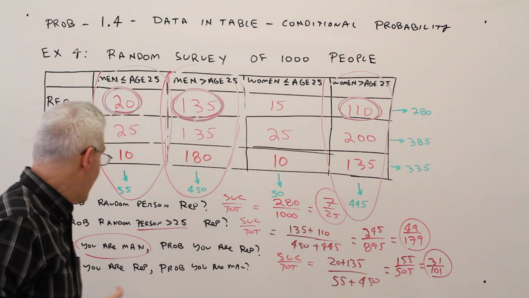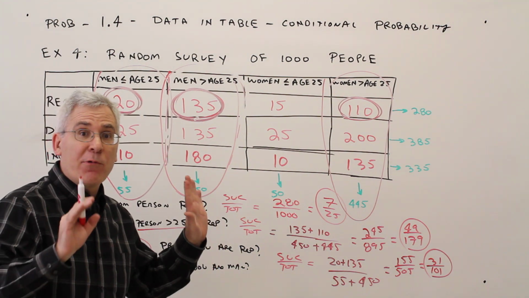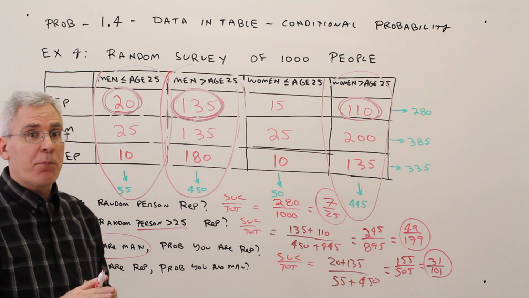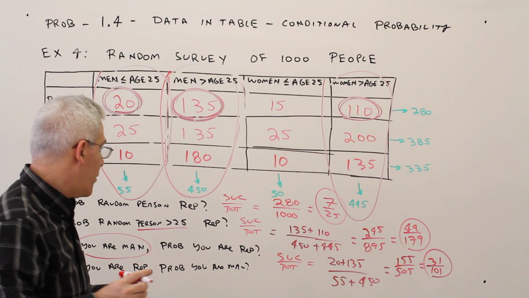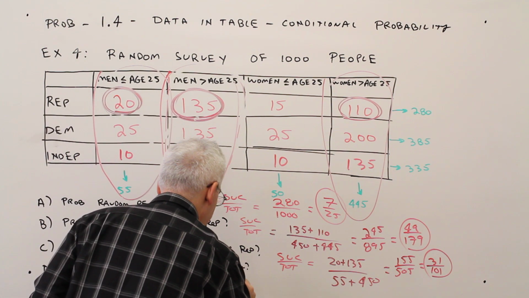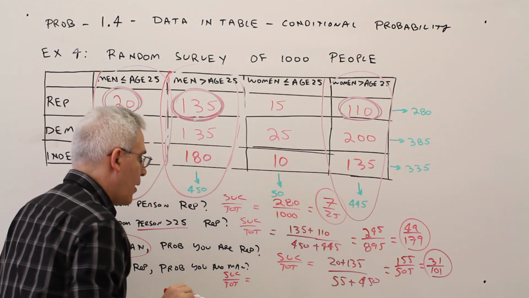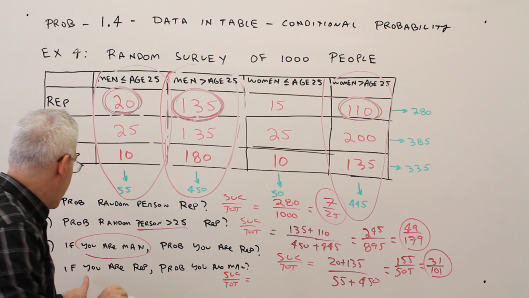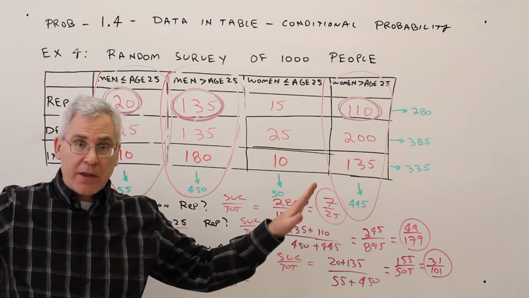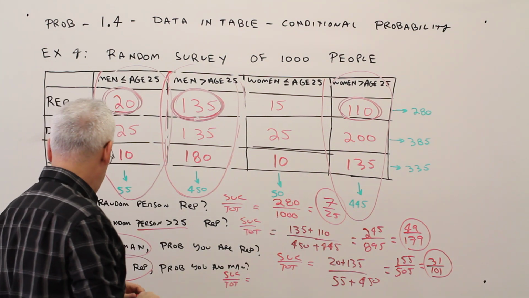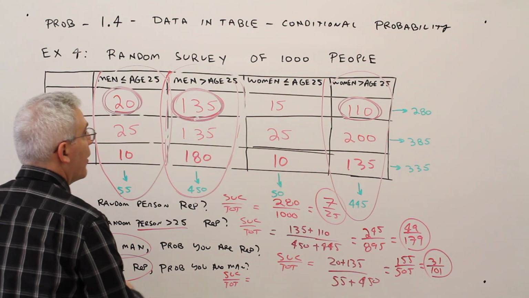Finally, if you are Republican, what's the probability that you're a man? Again, it'll be successful outcomes over total. Let's do the total out of all Republicans. Let's find out who all the Republicans are.